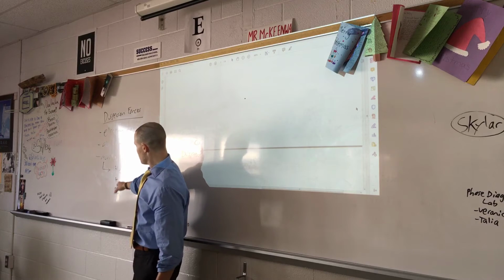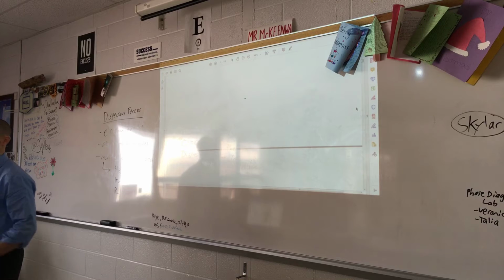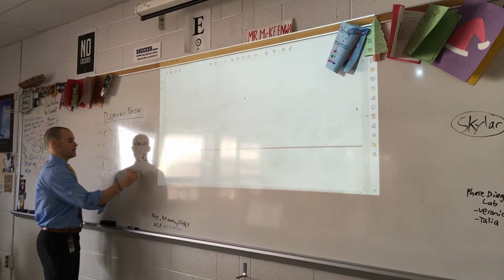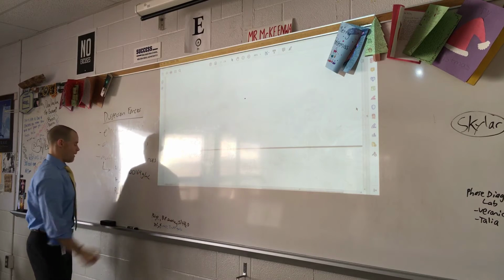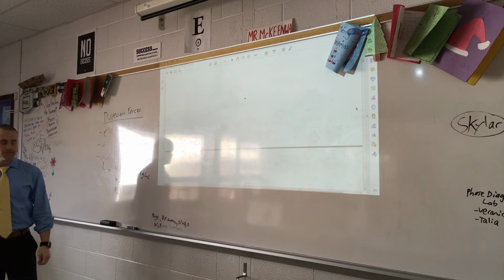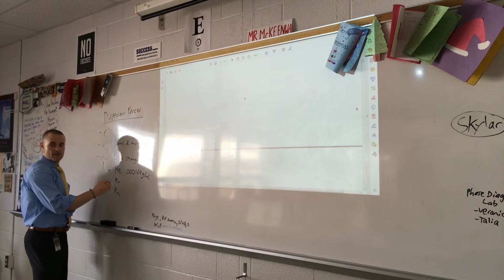All right, let's look up the density now. Anybody want to tell me helium? 0.000164. Okay. Krypton? Shane, density of krypton. At the bottom, number 36.